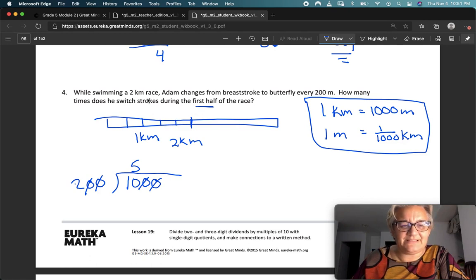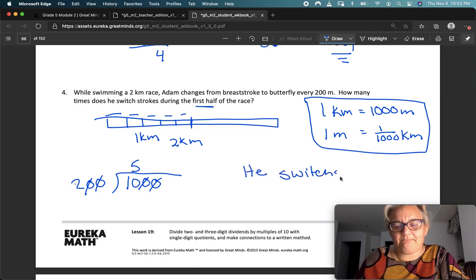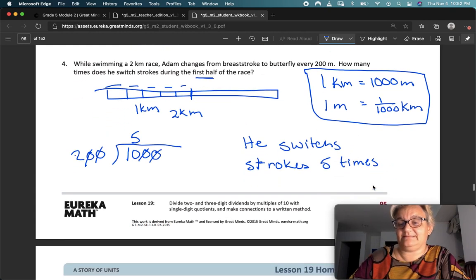Okay, how many times does he switch strokes during the first half of the race? 1, 2, 3, 4, 5. He switches strokes 5 times in the first half of the race. 10 times altogether.